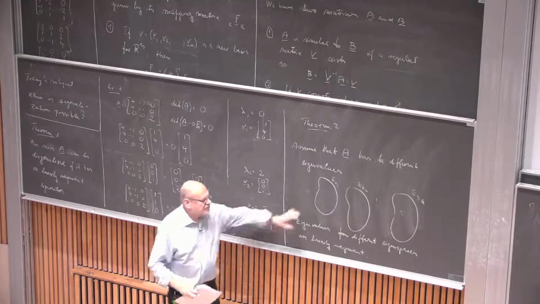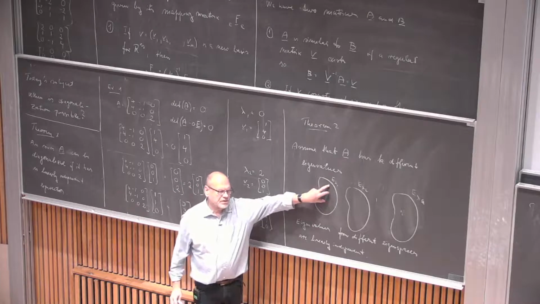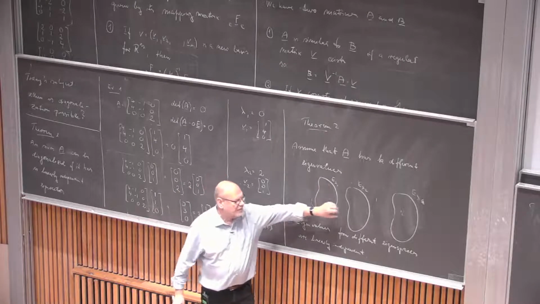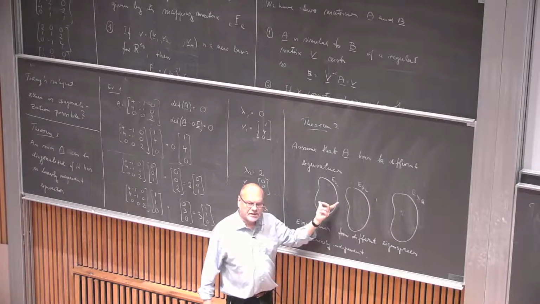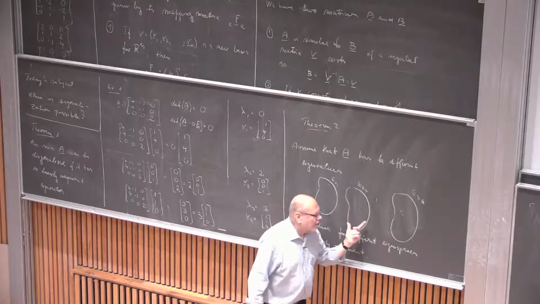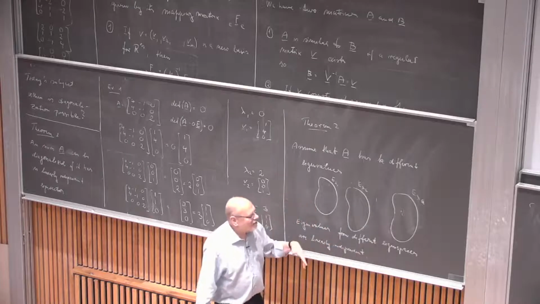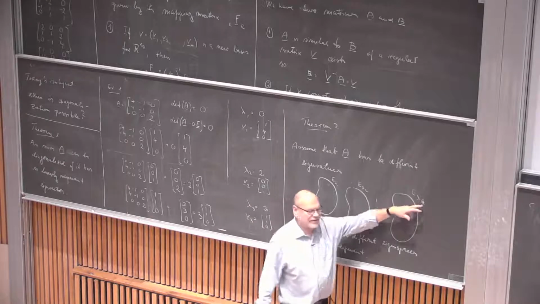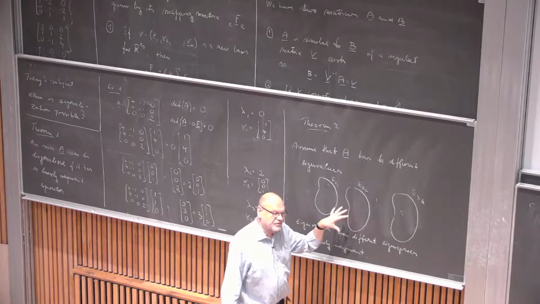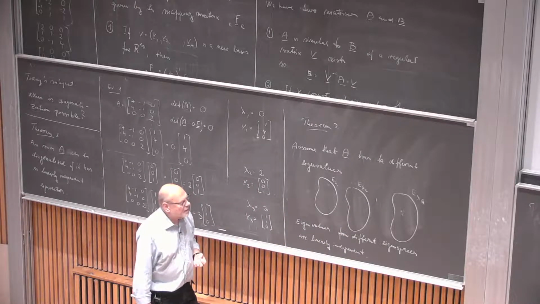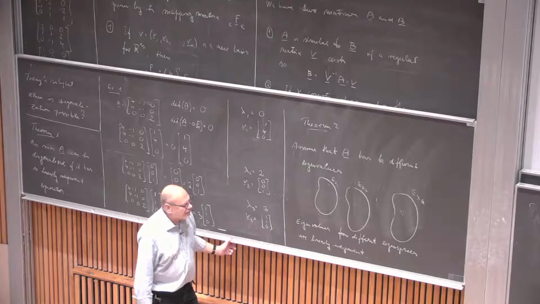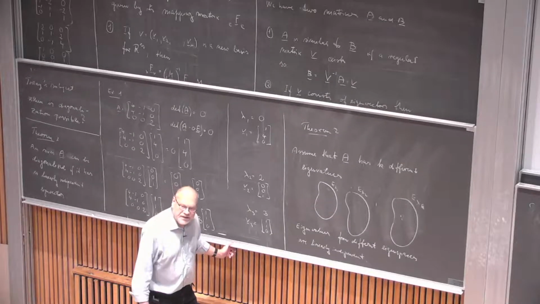So if you choose a vector from this eigenspace here, and a vector from this eigenspace, then the two vectors will be linearly independent. So at least if you have k different eigenspaces or different eigenvalues, you can find k linearly independent eigenvectors. But you need n.